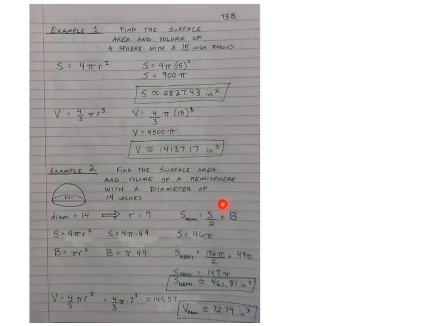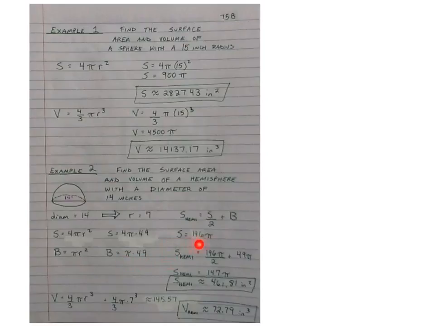In order to find the surface area of a hemisphere, we take half of a sphere and we add the base. When we calculate the surface area of the sphere, we have 4 pi r squared, which is 4 pi times 7 squared, or 49, equal to 196 pi. The circular base has an area of pi r squared, or pi times 49.